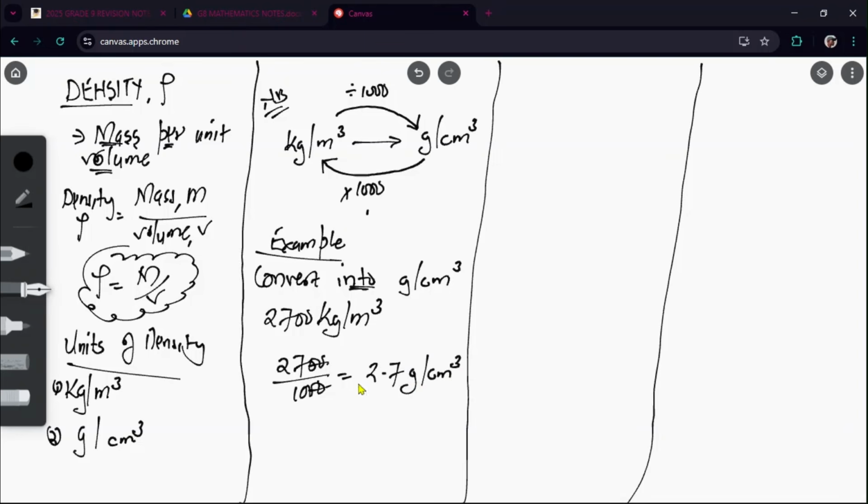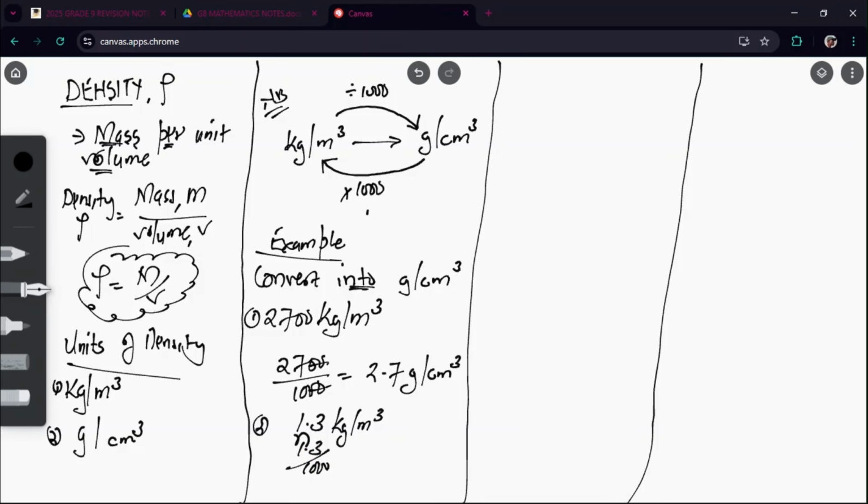So in all that, you just do the same thing. I'll also pick another one, the same conversion. For example, they want me to have 1.3 kilograms per meters cubed. They want me to convert into grams. I will do the same thing. I'll pick 1.3. I divide by 1000. And you see the decimal will move towards my left 4 steps.